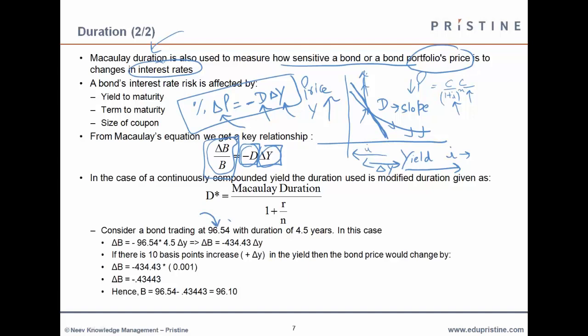Consider a bond trading at 96.54. This is the bond price today. It has a duration of 4.5 years.